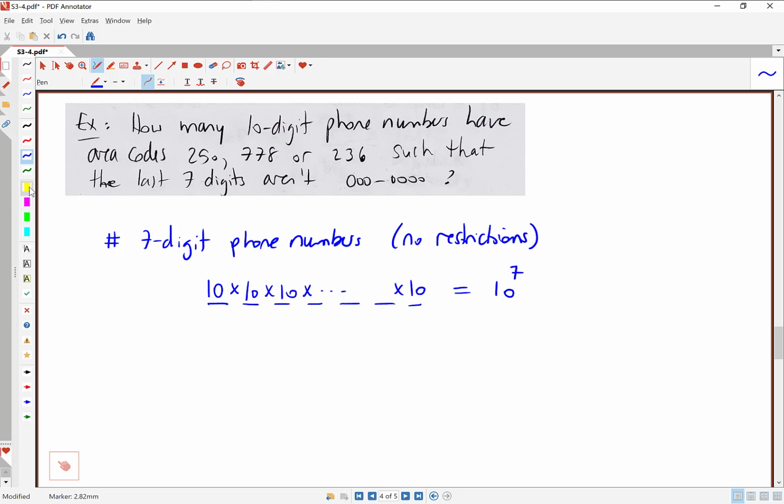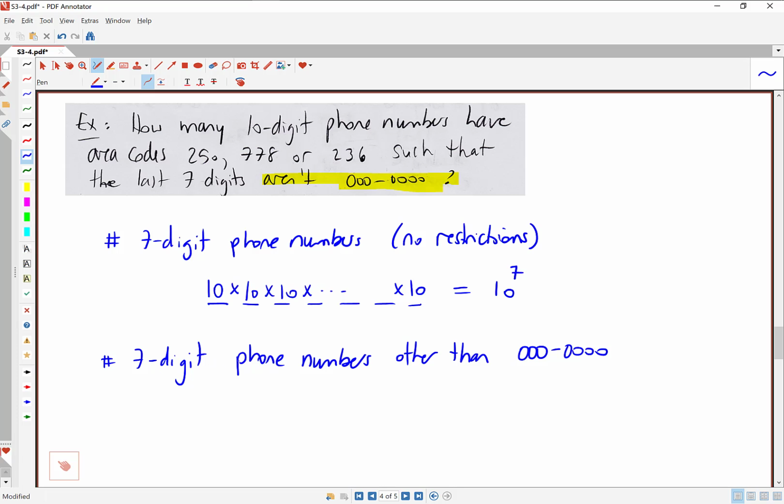But we were told in the question that we want to avoid the possibility of all zeros. So we're just removing one of the possibilities, and that is the possibility that your phone number is 0000000. So the number of 7-digit phone numbers other than that single number that we want to avoid is 10 to the 7 minus 1.